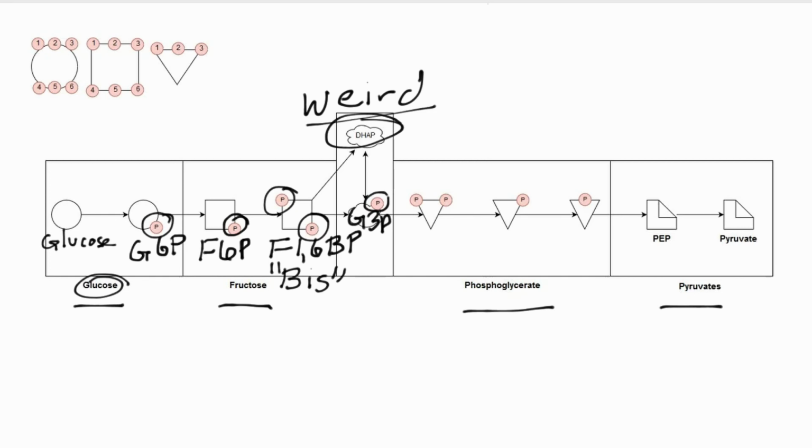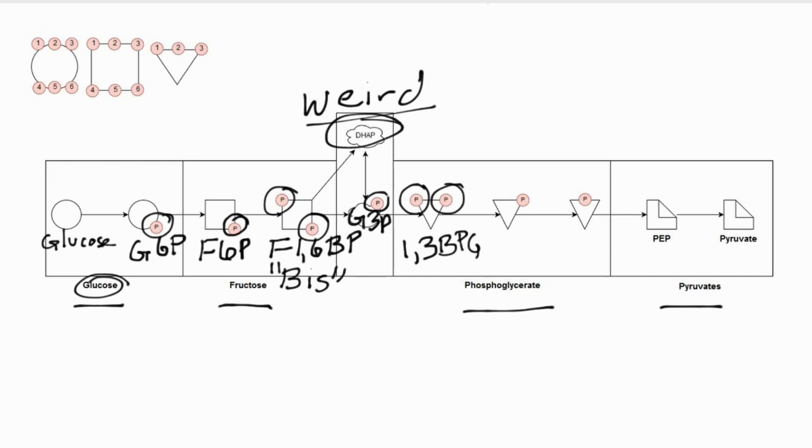Then moving on, we have the phosphoglycerates. We have phosphate groups in the 1 and the 3 position, so it would make sense that this molecule would be called 1,3-bis, because we have 2 phosphates, phosphoglycerate, bisphosphoglycerate.